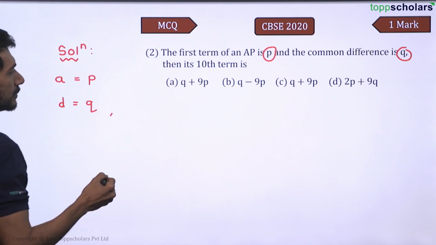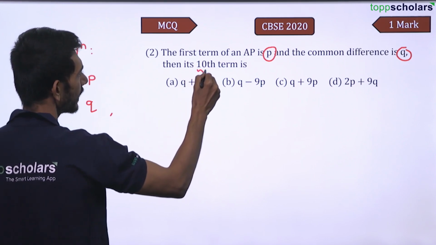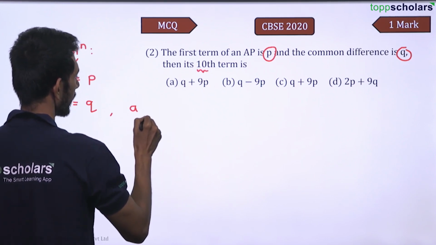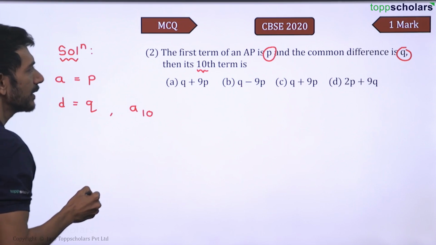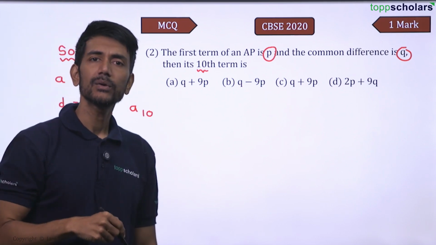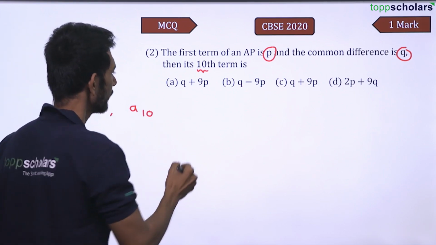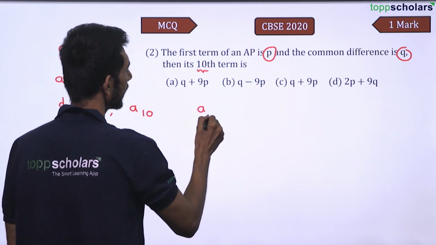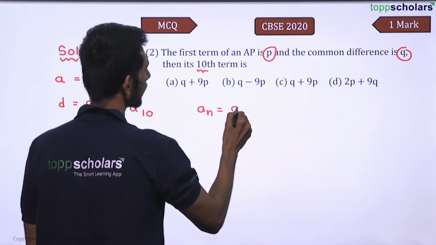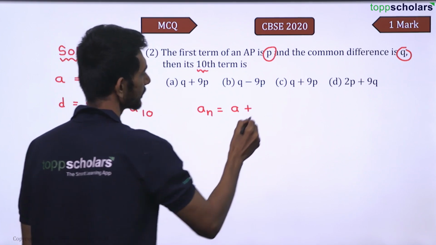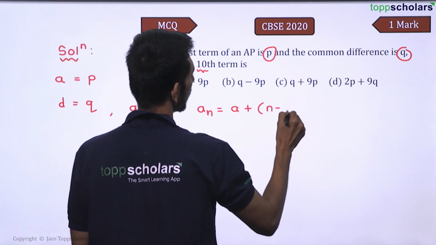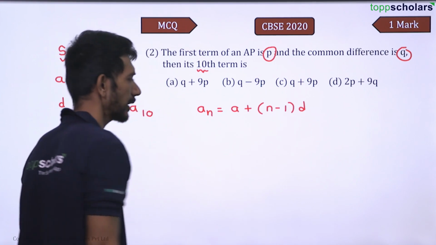Then for the 10th term, we are supposed to find out A10, right? Now what is the formula to find the nth term of an AP? We know that the nth term, An, is given by A plus n minus 1 into D, correct?